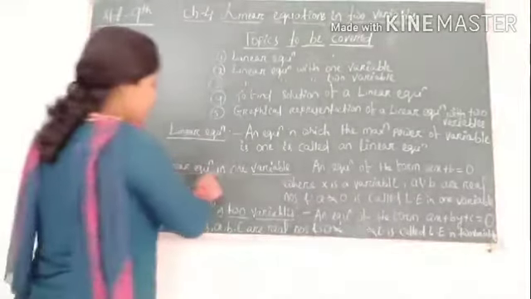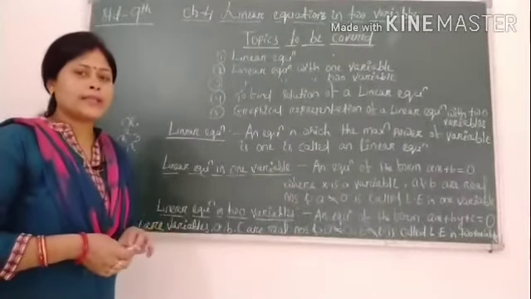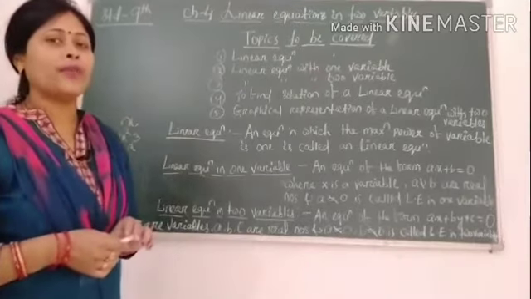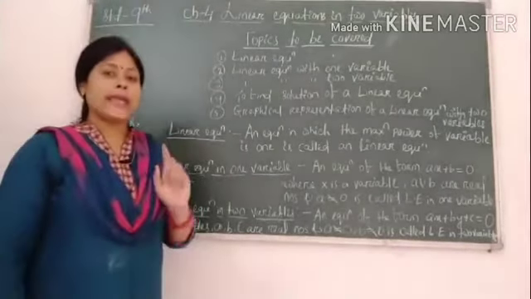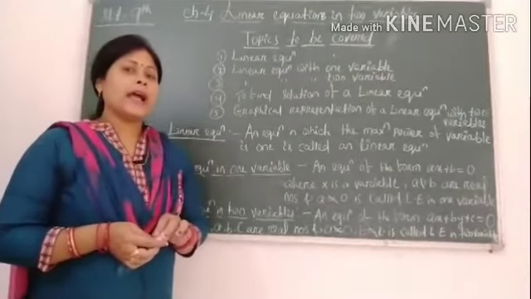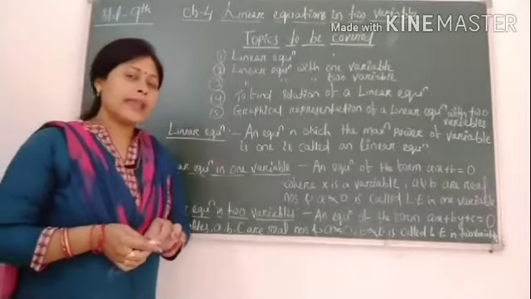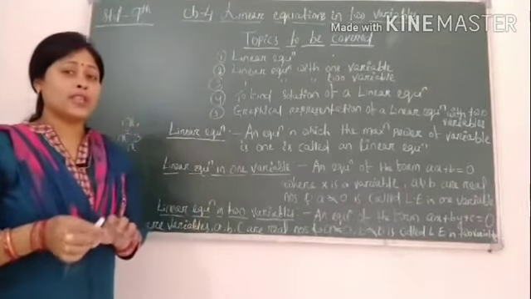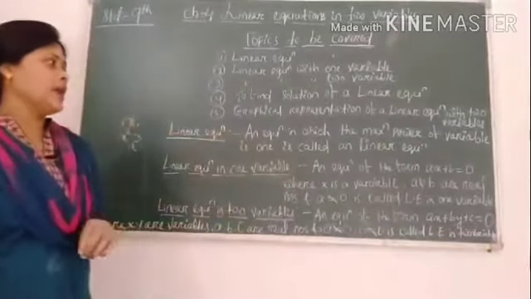Then come to linear equation in one variable. An equation in the form ax plus b is equal to 0, where x is a variable, a and b are real numbers, and a should not be equal to 0, is called a linear equation in one variable.